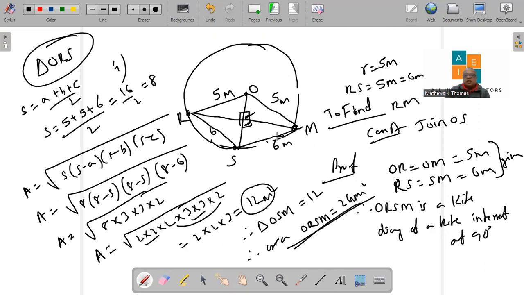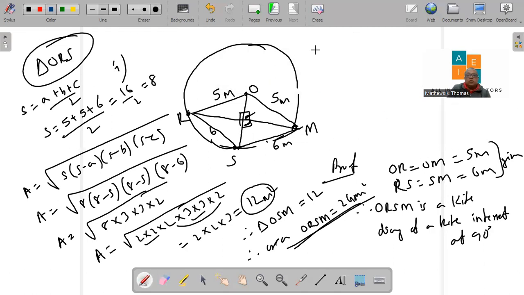Now we know that area of a kite is half product of the diagonals. One diagonal is 5, and the question is find out the other diagonal, that is RM. So area of ORSM kite can also be found by half D1 into D2. Area we have already found out, 24.